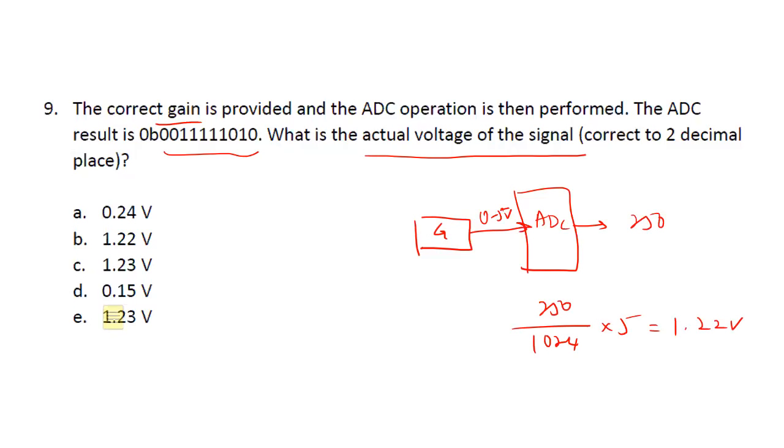To get the actual signal, I still need to take 1.22 and go back, dividing by 8.33, and that will give me 0.15 volts. That is how you get the answer for part D for question 9.